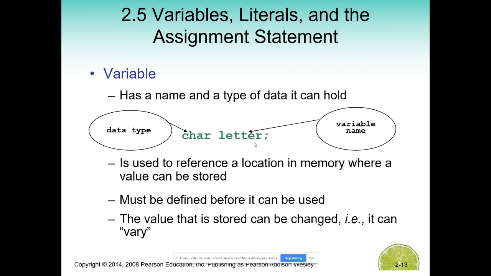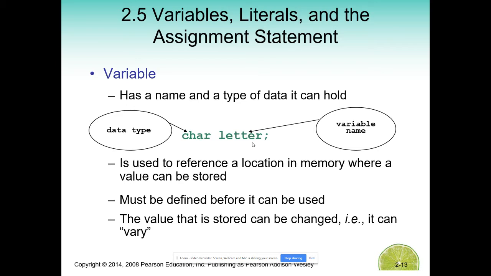So what is a variable first? What do we say a variable is? It can change what it can hold. When they say the word variable, it means it changes.